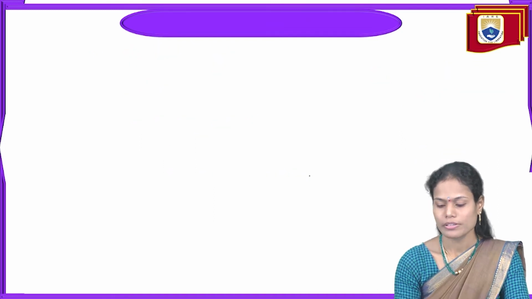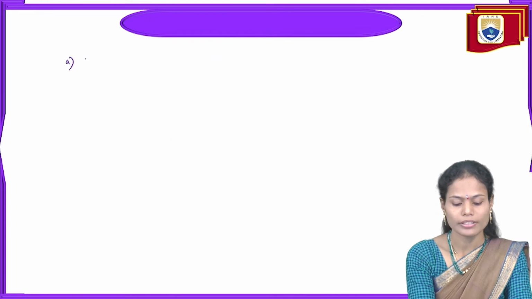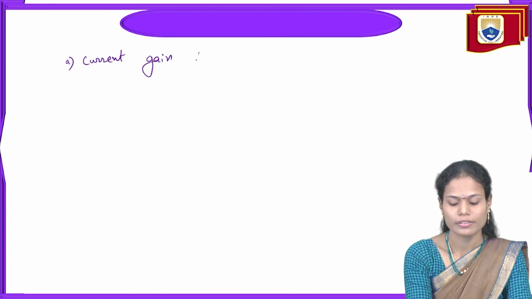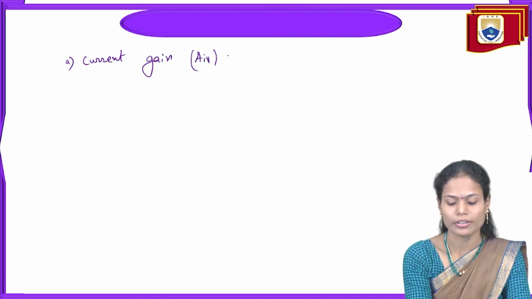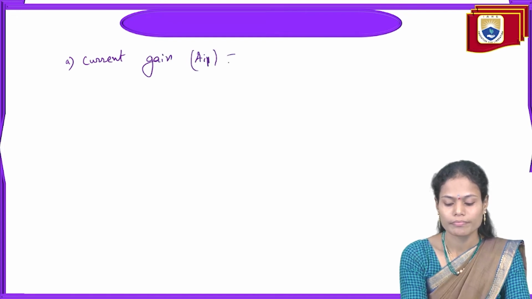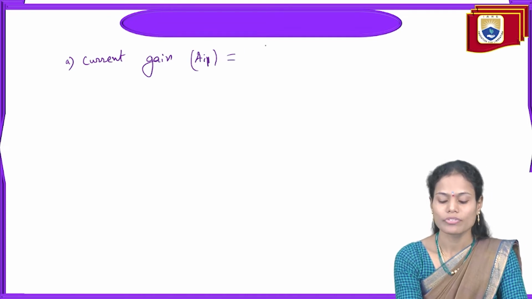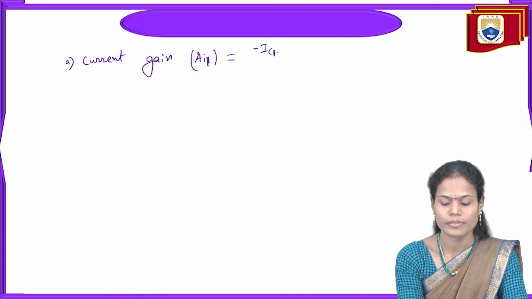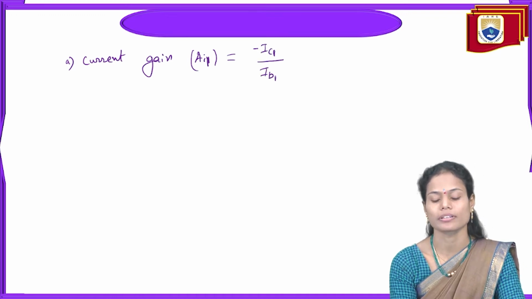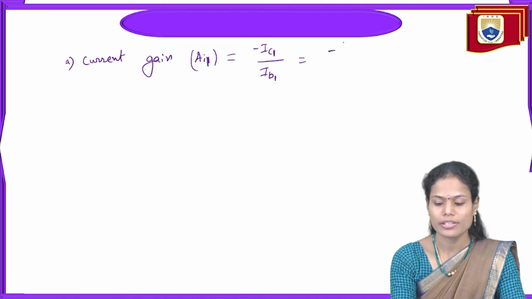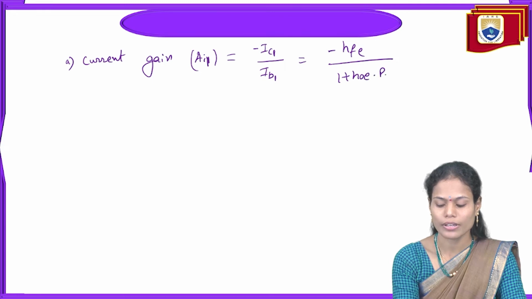Again, to find the current gain of the first stage, that is AI1, AI1 is equal to the output current of the first stage, the collector current, over the input current, the base current. So it is minus HFE by 1 plus HOE into RL1.